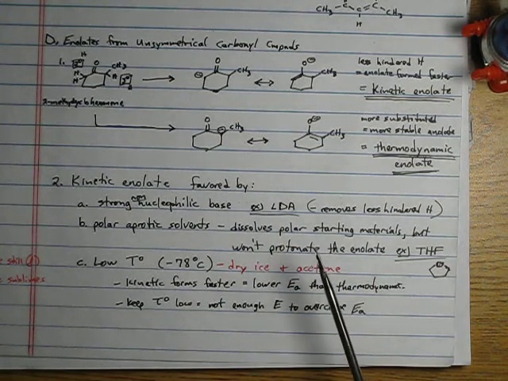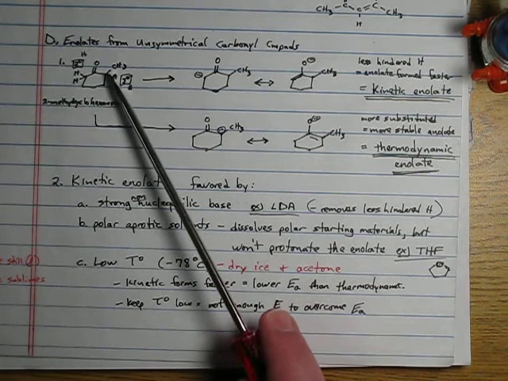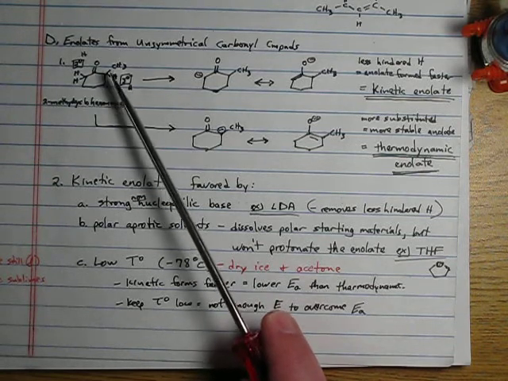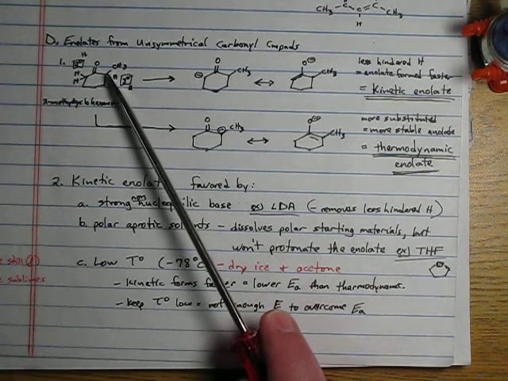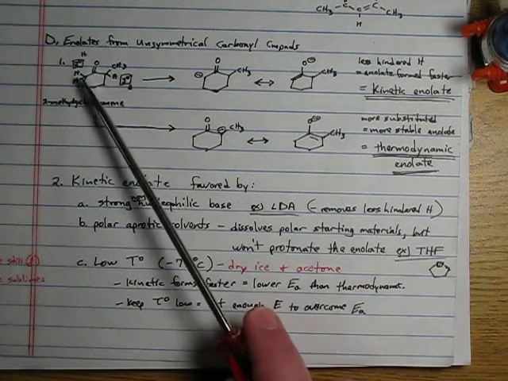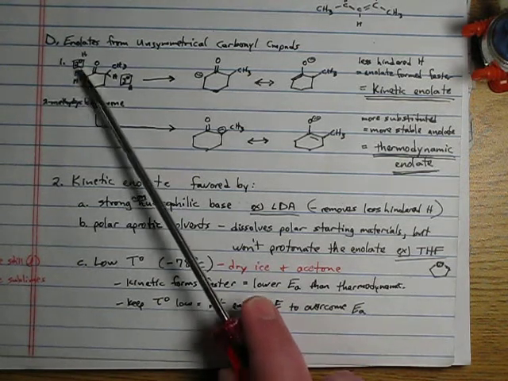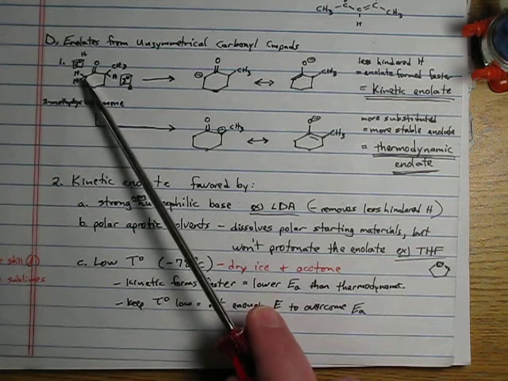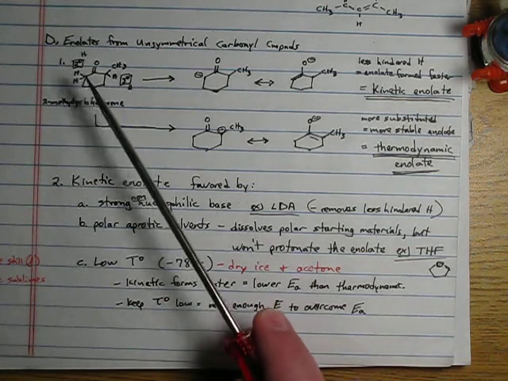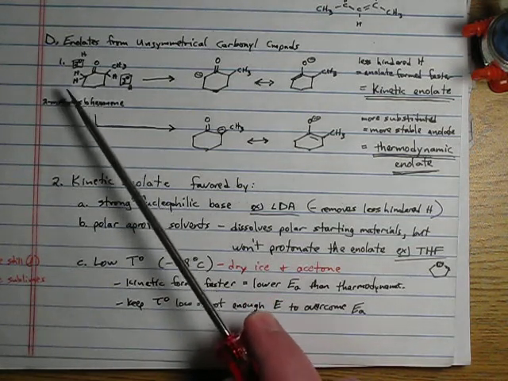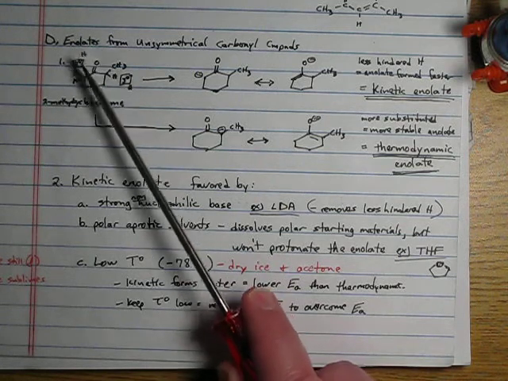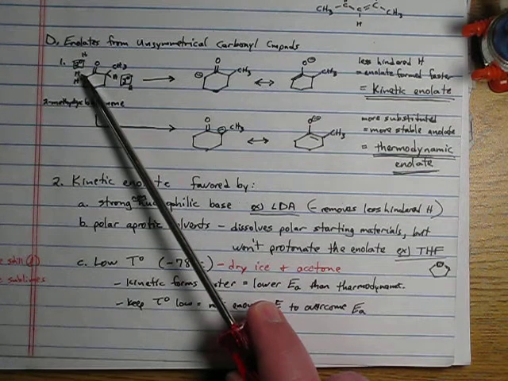What we note, tertiary versus secondary, tertiary is more sterically hindered. Secondary, less sterically hindered hydrogens, which means a base can more easily snag those 2 hydrogens, which means its activation energy of a base coming in here to get a hydrogen is lower.